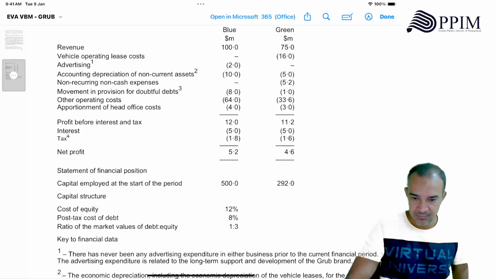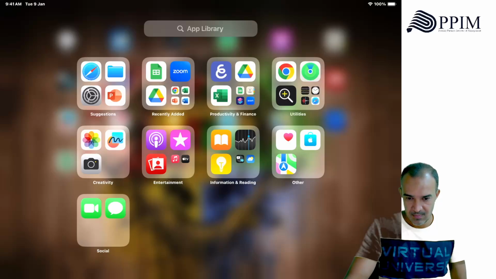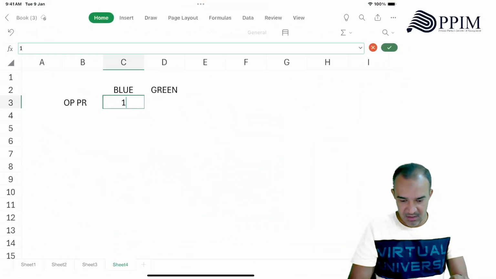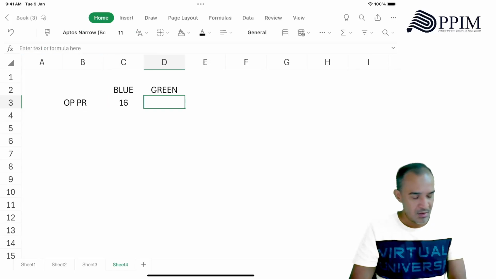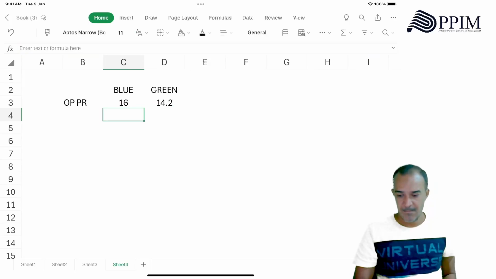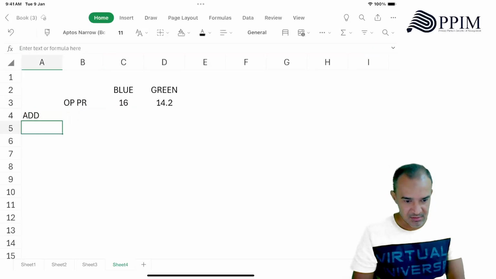Okay. So it will be 16 and 14.2. Then we do the rest of the add and deducts.